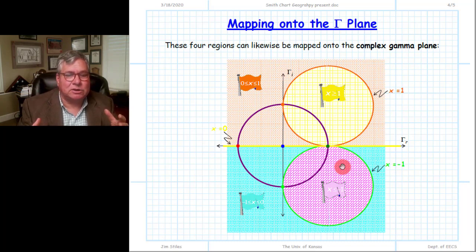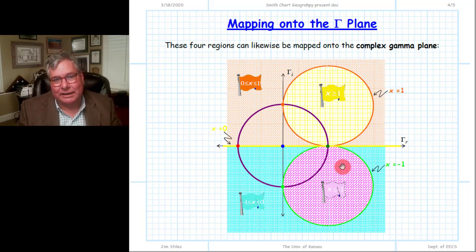The other artifact we saw in the normalized impedance plane was for each of these four regions, half of the region lie in the valid region where R is positive, and the other half lie in the invalid region where the resistance is negative. And so that must be true in the complex gamma plane, and it is true.